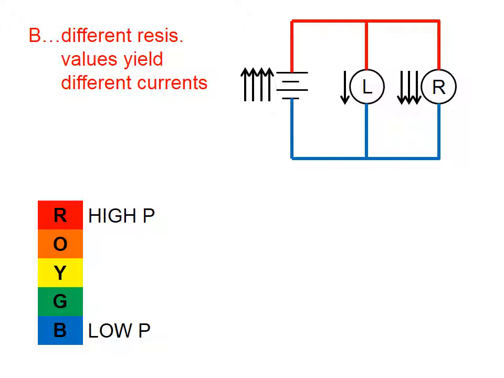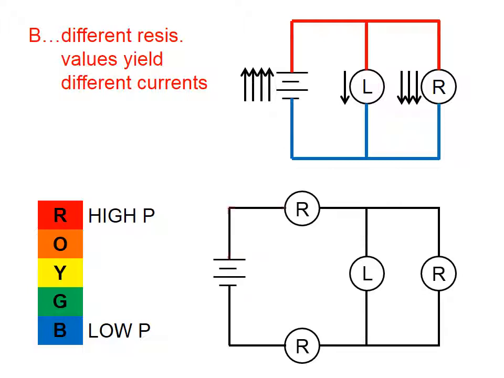Similarly here, if we color the wires where we can, we know that the section of the circuit that I've labeled A must all have the same electric pressure, and that it must be lower than red. The section labeled B must have a higher electric pressure than blue, and it must all be the same, which means that the pressure difference across the long bulb is the same as the pressure difference across the round bulb.